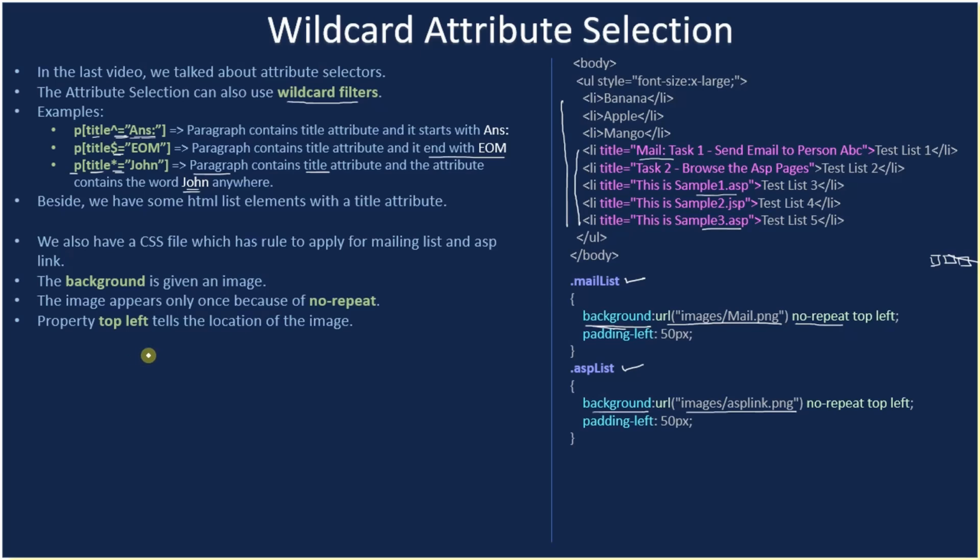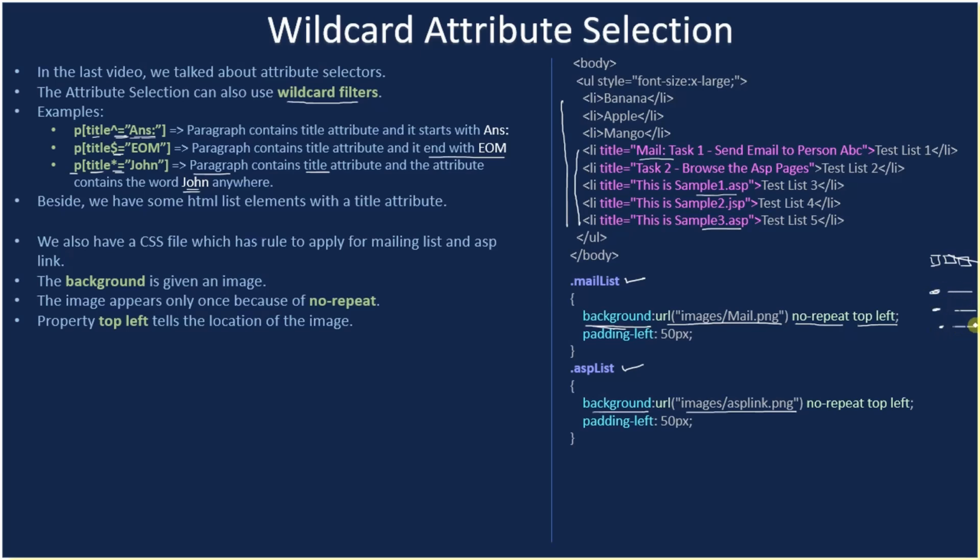The property top left tells the location of the image, so where we want to locate this image. Remember, this is the rule we are creating for mail list, and inside the mail list we are creating these styles, and this style will be applied to an HTML element. Our goal is to apply this style to the list element, a bulleted list.